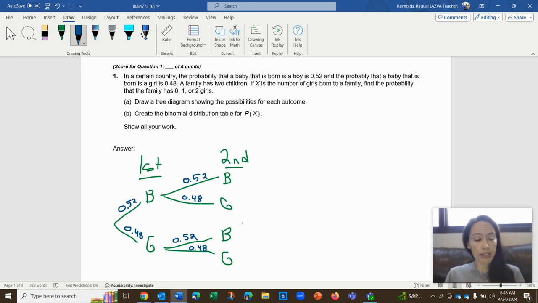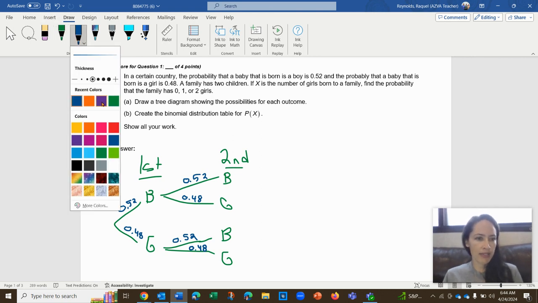All right, so far so good. So we can use this tree diagram to help us see where the math is coming from for a binomial probability distribution. So when we go to make our table, I'm just going to keep drawing it if that's okay with you guys. Sorry if it's messy. We'll switch to purple. So we have a table of values.